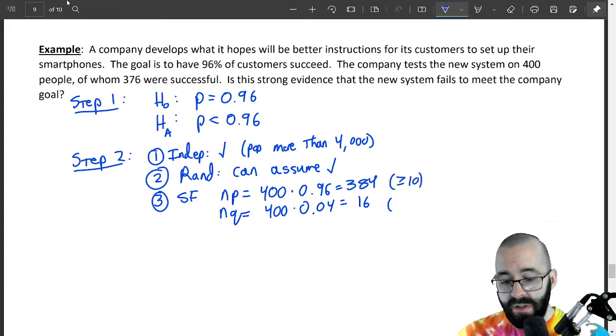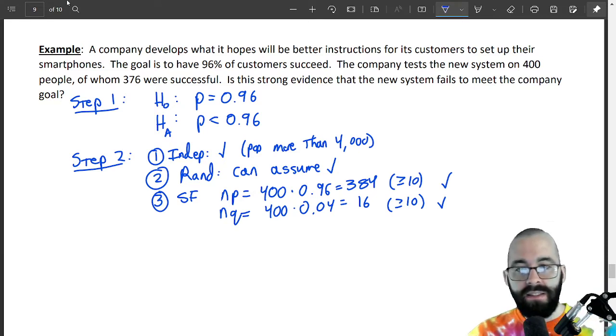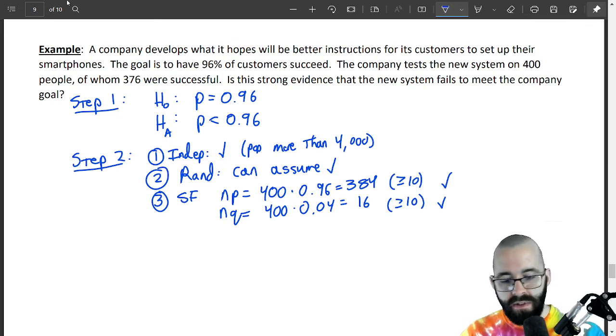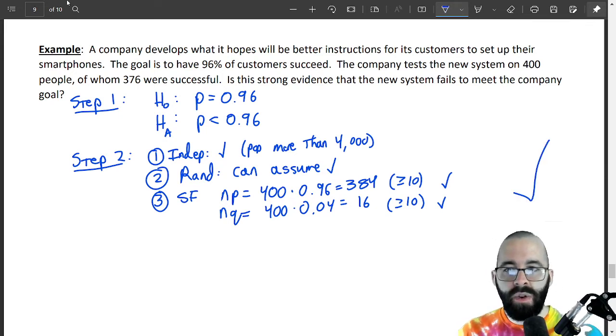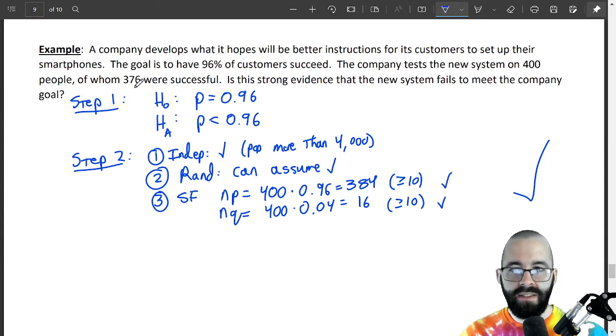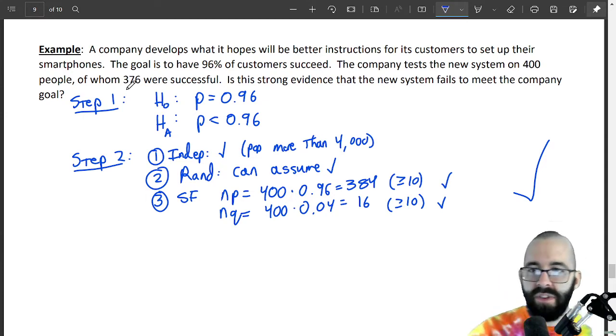Again, it's kind of close, but we still are expecting at least 10 to fail and 10 to succeed. So the success failure condition is satisfied. Our three conditions are satisfied right here. The expected was 384. Turns out 376 is how many were successful in our test.